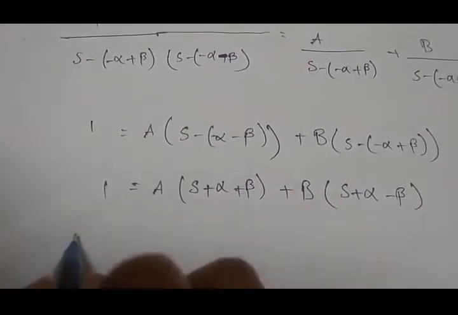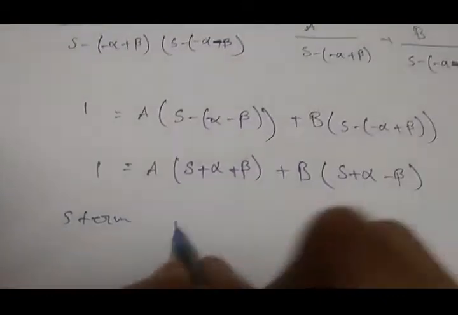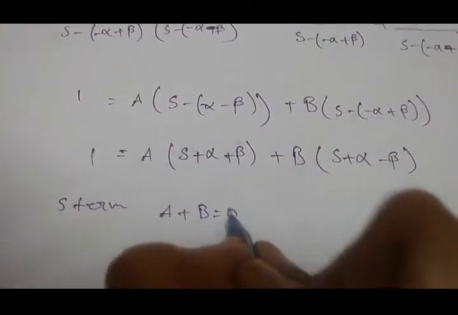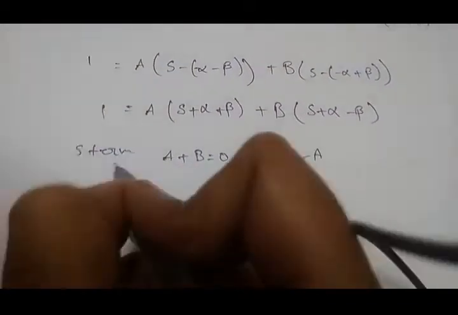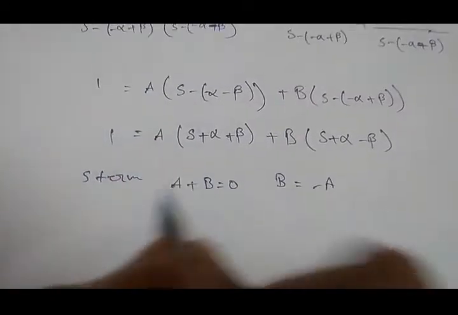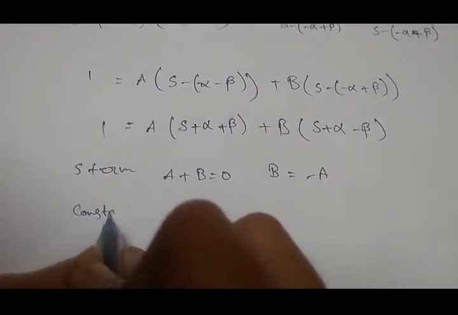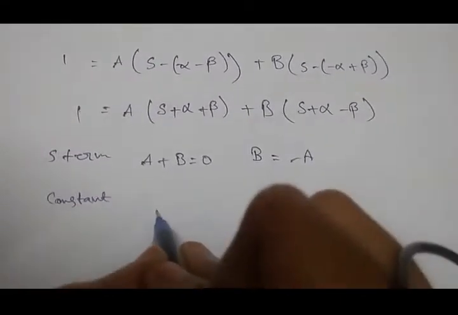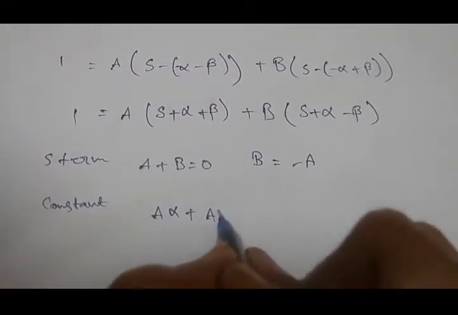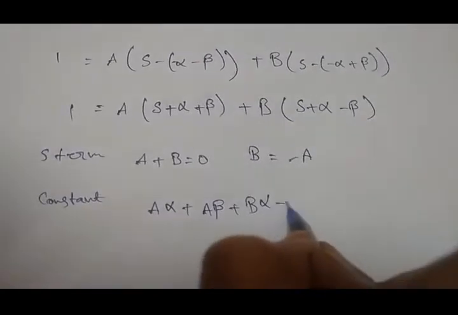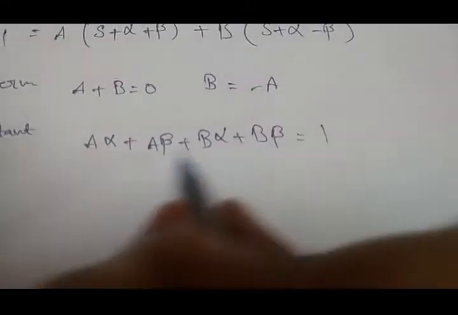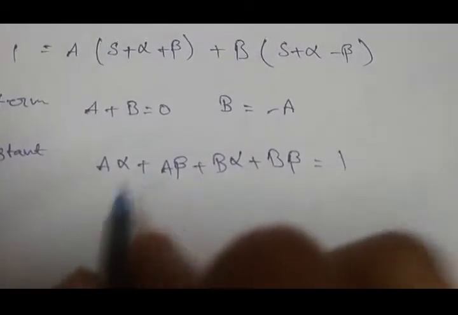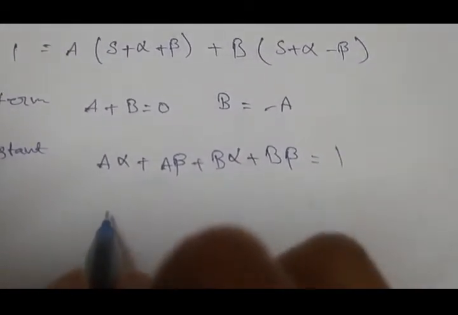So compare your s terms: A plus B equals 0, so B equals minus A. Similarly, compare your constant terms. So A alpha plus A beta plus B alpha plus B beta equals 1. So either you may change the entire term or any one also, it will be acceptable.